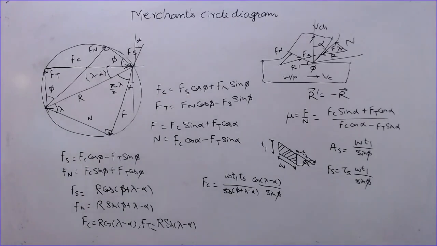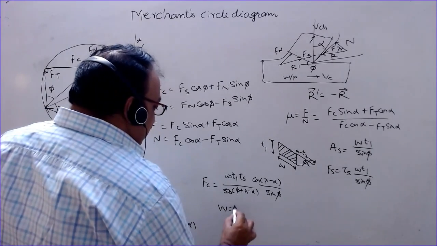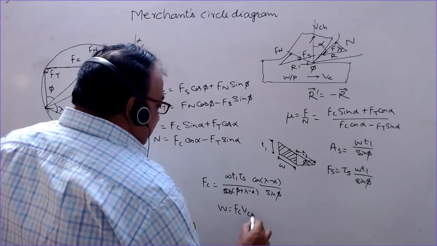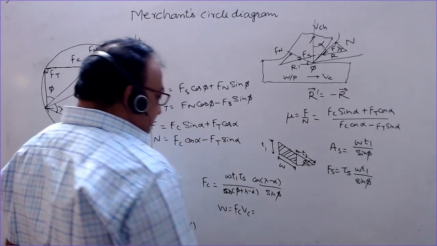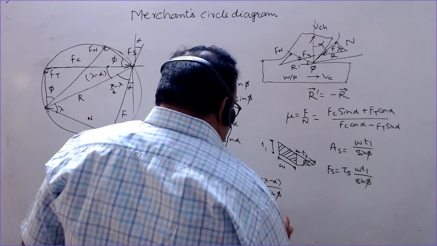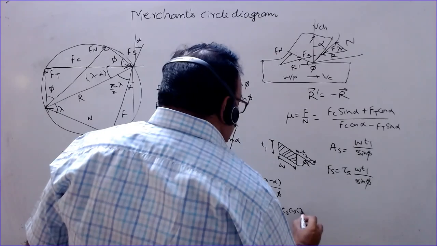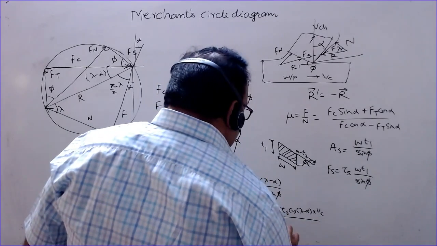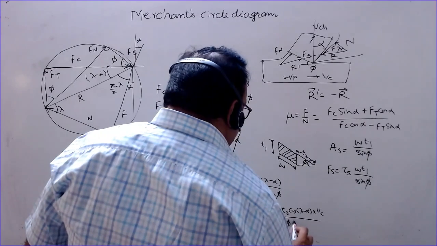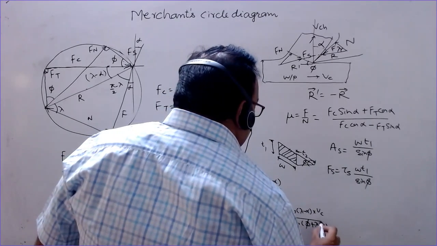So here you can see the work expended during the cutting operation is Fc into Vc, the cutting force multiplied by the cutting velocity. So this is equal to W T1 tau s cos lambda minus alpha into Vc divided by sin phi cos phi plus lambda minus alpha.